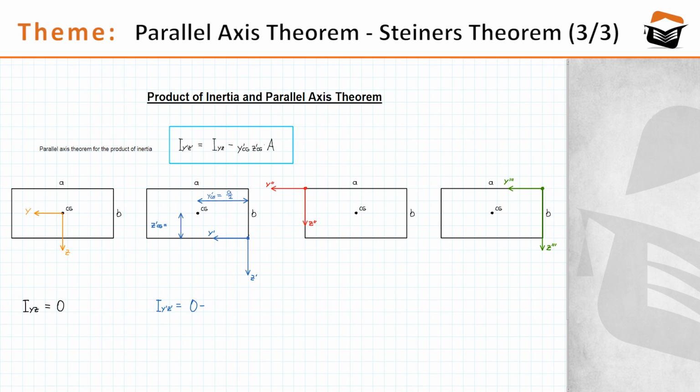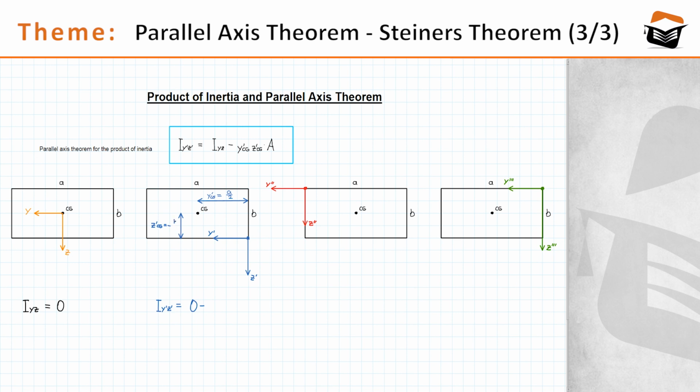because the distance is in the negative z prime region, the value must therefore be negative. So the distance between the centroid and the origin of the y prime z prime coordinate system along the z prime axis is b half, but because that distance extends into the negative z prime region, the value of b half must be negative.